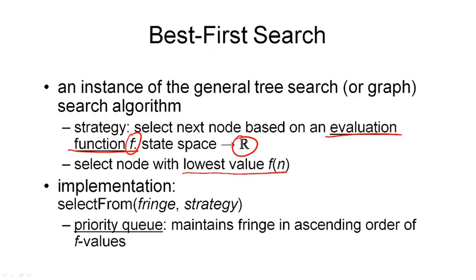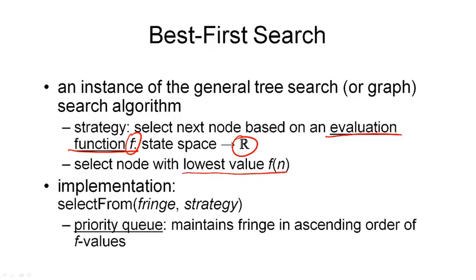Now, a quick word about the implementation. There are really two operations that we need to support when we look at our fringe. When we generate the successors of a node, we need to add those to the fringe. And when we select a node from the fringe for expansion, we need to select the node with the lowest f value. Since we will do both of these operations quite often during the search, it is important that these are cheap operations.